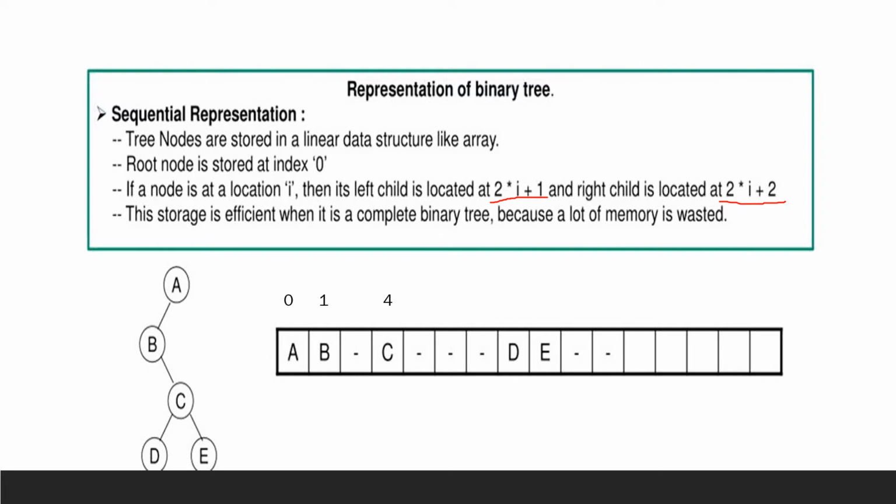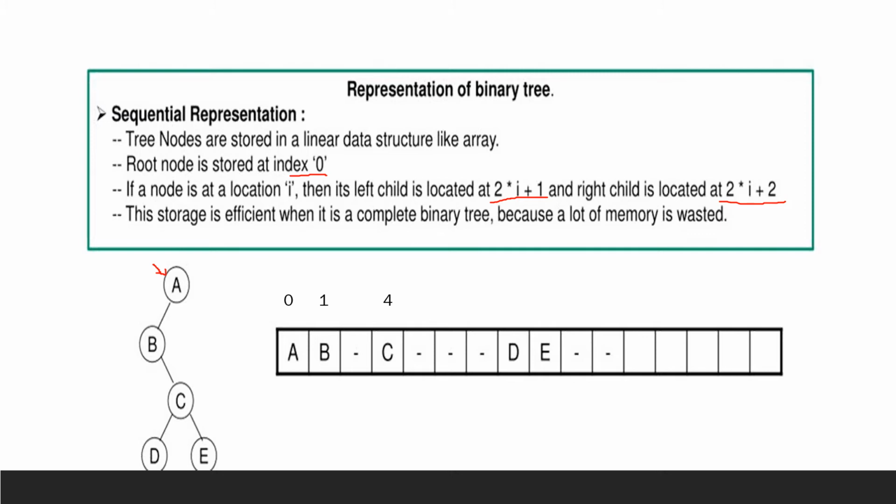So let us take an example. See here the root node is A, and the index value of that root node must be 0 as per the rule. Okay, so in the 0th position we are having the root node A. Now we have to find the location of the left child of that A and the right child of that A. Okay, to fix that left child we have to use this formula 2 star I plus 1.